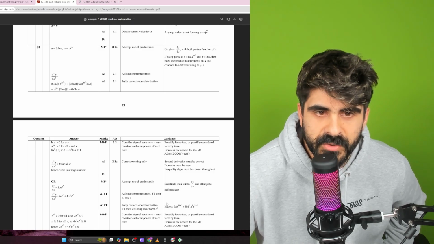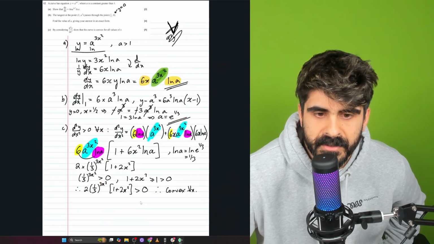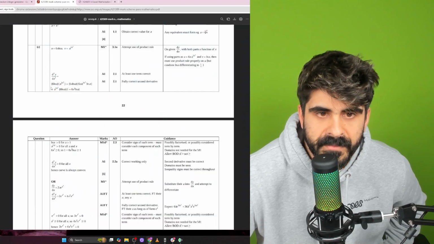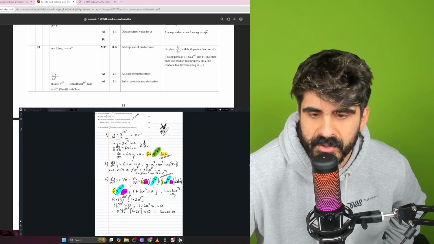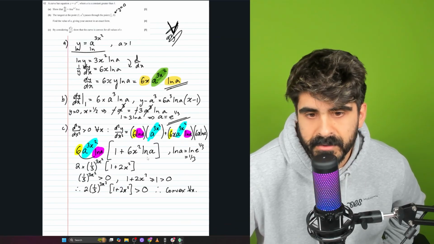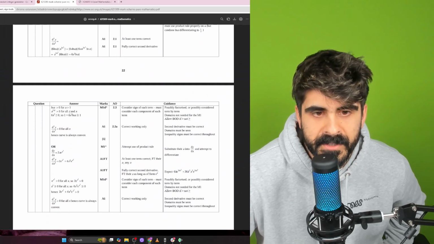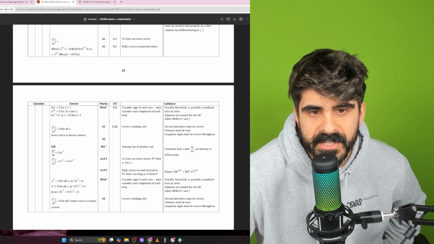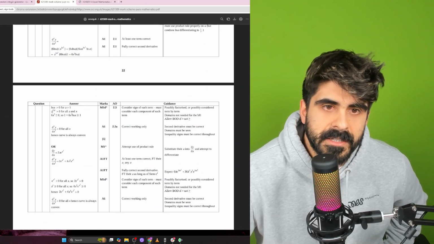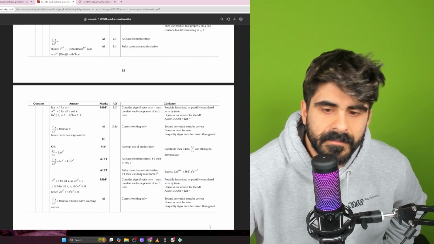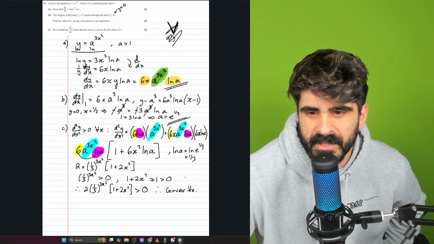So there's my differential. A to the 3x squared, 6 ln a. Yeah, 1 plus 6x squared ln a. Cool. And then it was just waffling after that, right? So ln a is positive. A is bigger than 1. Although, did I say a was a third?